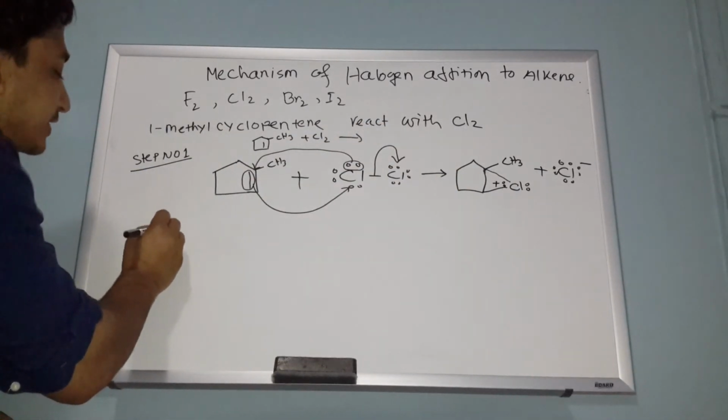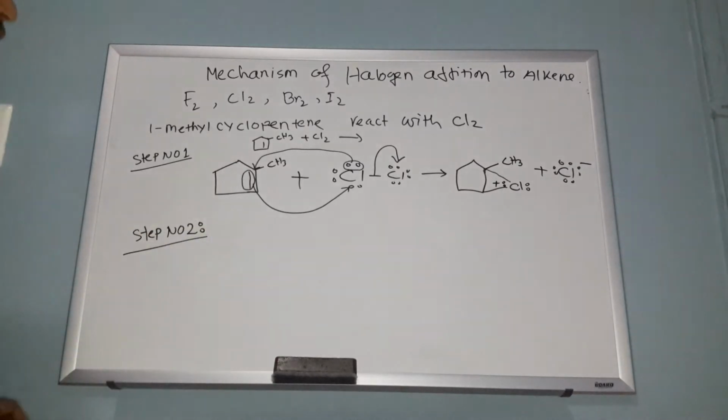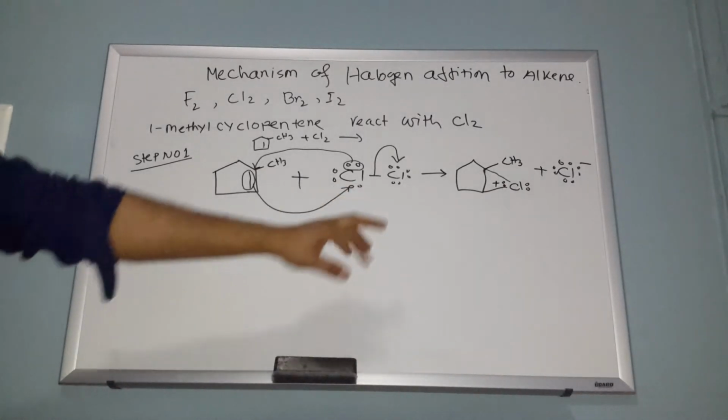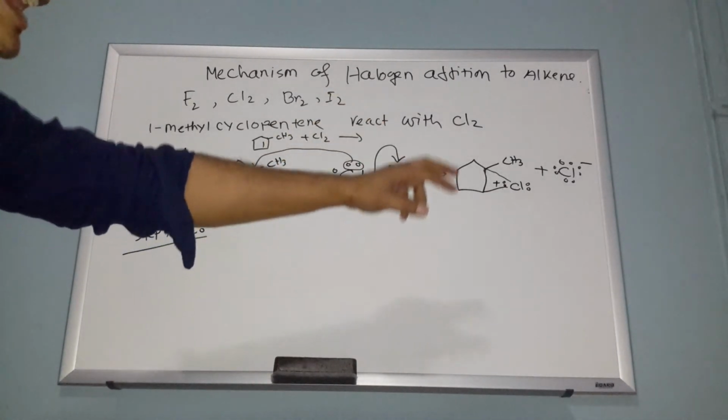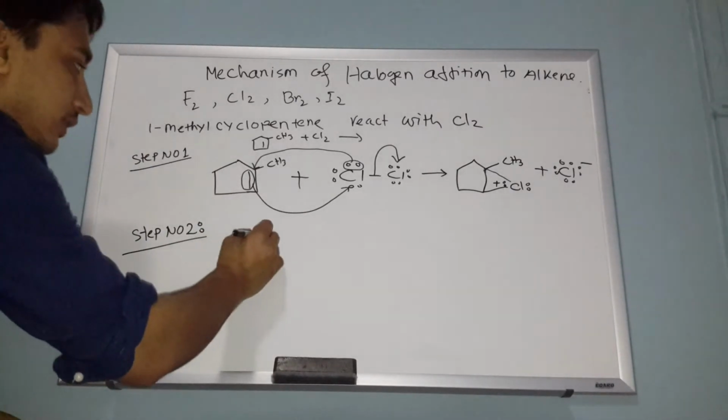This will be your step number 2. In step number 2, you will write yourself that the chloronium ion and the anion attack each other.